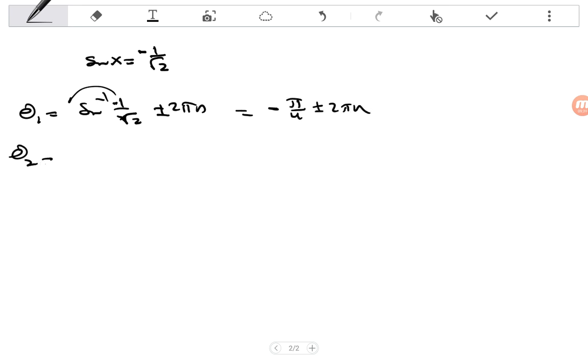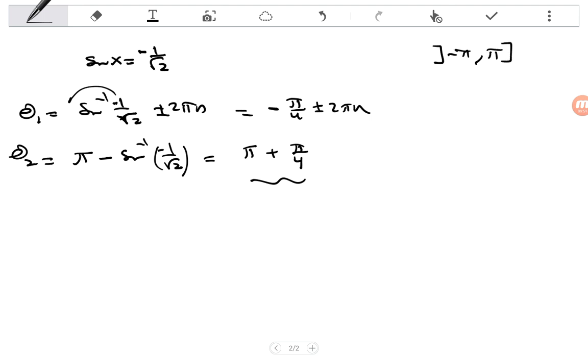Now for the second basic angle, we learned that it is pi minus sine inverse of negative 1 over root 2. In this case, we take the minus outside the sine inverse, so it will be pi plus pi over 4. Now this angle is a large angle. Why? Because it's greater than pi. And we learned that it's better to express the basic angles from negative pi.